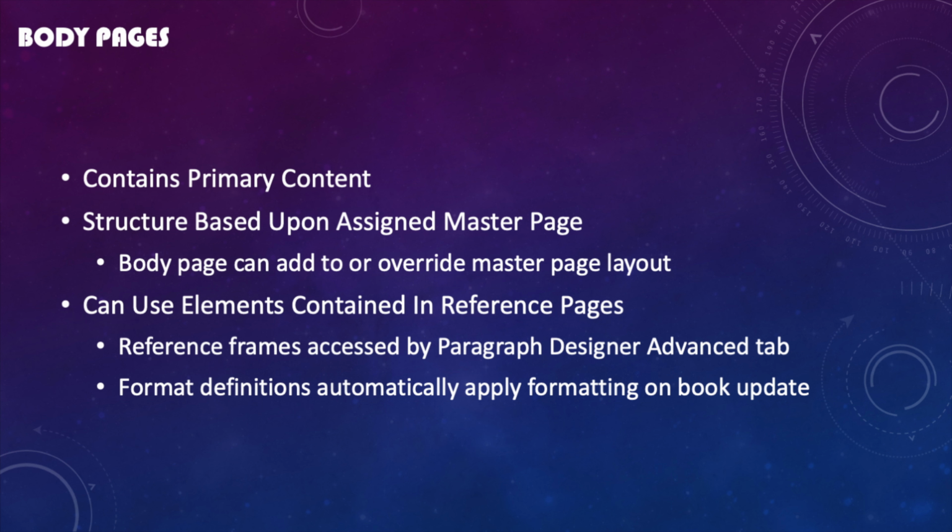A body page can use elements contained in reference pages, and we saw examples of this in the previous demo, where reference frames were accessed by the Paragraph Designer Advanced tab to put a line above and below a paragraph, or whatever custom graphic you could put in the reference page. We also saw an example of format definitions added to the reference page.